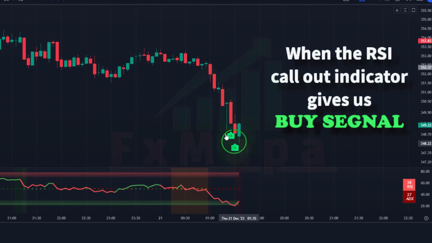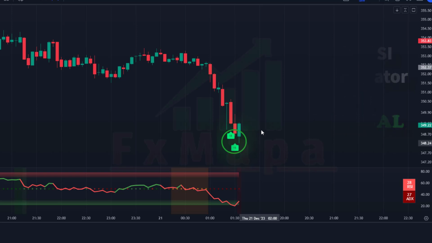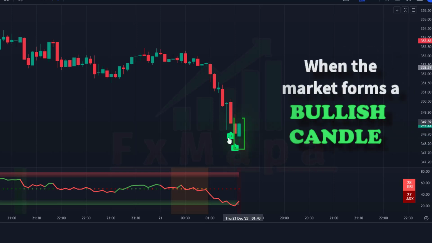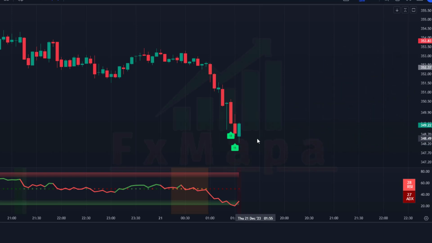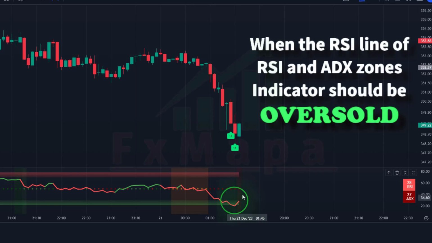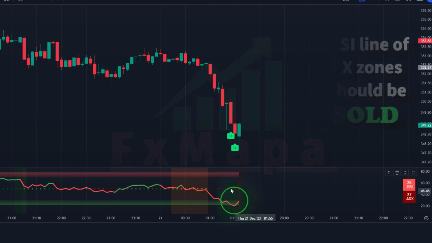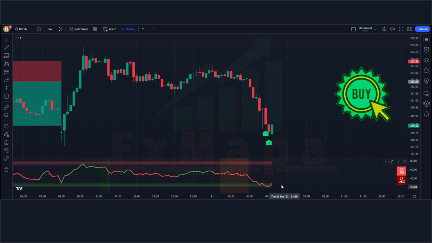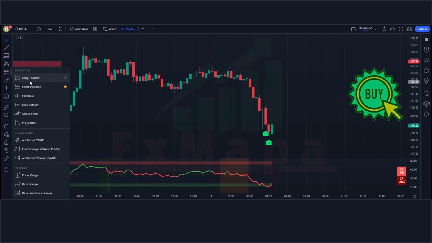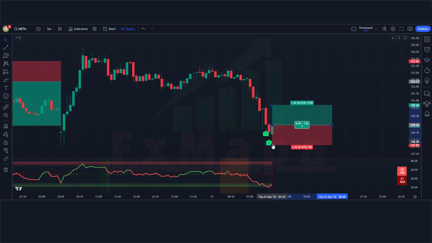When the RSI call-out indicator gives us buy signals, when the market forms a bullish candle, and when the RSI line of the RSI and ADX zones indicator is oversold, if this condition is fulfilled, then we will place a buy order. Our stop loss will be placed at the current market's lower level, and the risk to reward ratio will be 1:2.